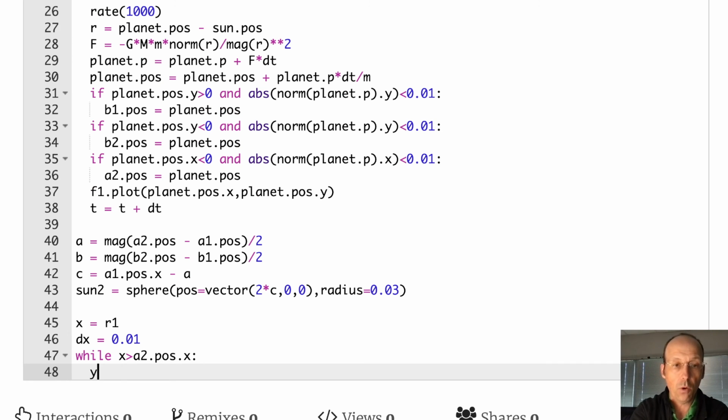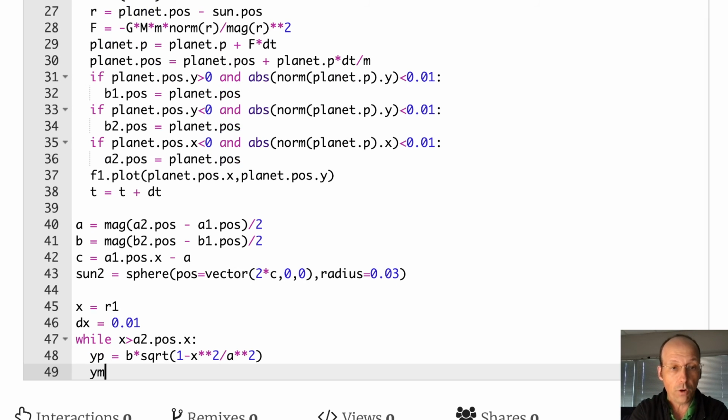Then I need to calculate my y. So I'm going to say yp, the plus y, is going to be equal to b times the square root of 1 minus x squared divided by a squared. And then I need to calculate my negative one. ym is negative b times square root of 1 minus x squared over a squared.